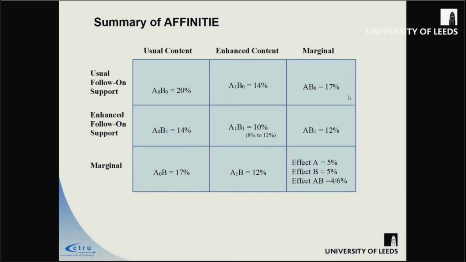So what we in effect ended up doing was a sample size calculation on this marginal effect, where this is the average of usual follow-on support across the content, and this is the average of the enhanced follow-on support across the content, etc. And we don't tend to think in terms of these marginal effects. When we're doing factorial trials in clinical trials, we tend to be thinking in terms of the other ones. So I'm going to carry on.